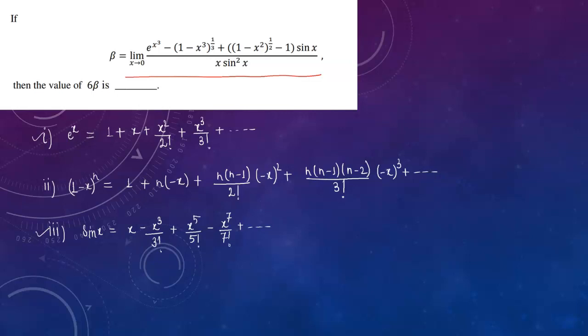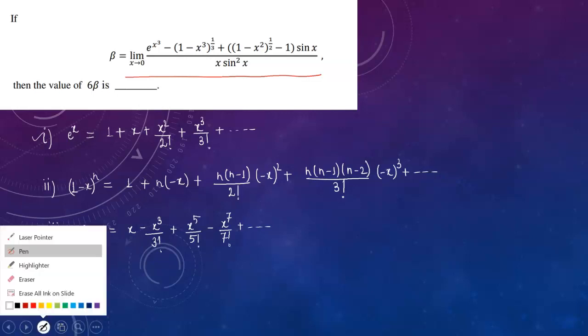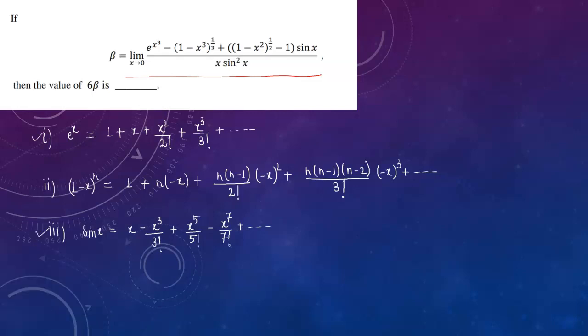And 1 minus x to the power n you have studied in binomial expansion; when this n is fractional or negative, this type of expansion is used.